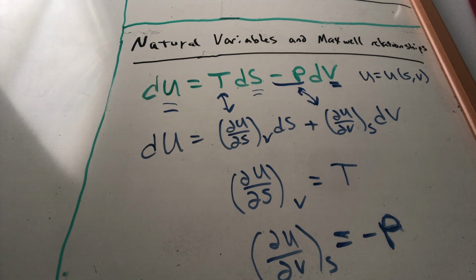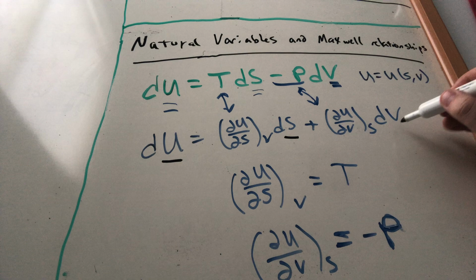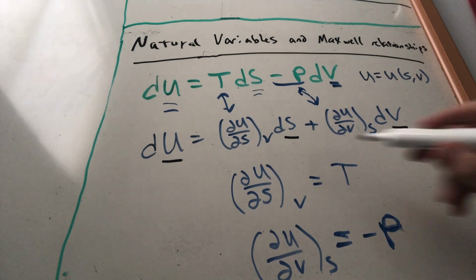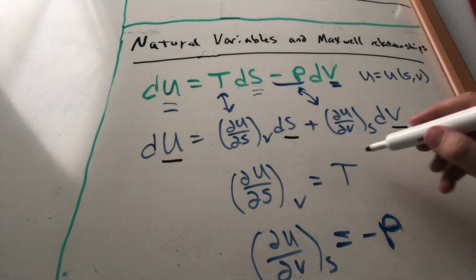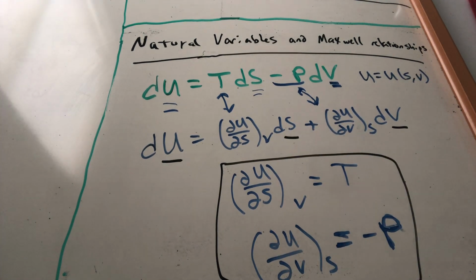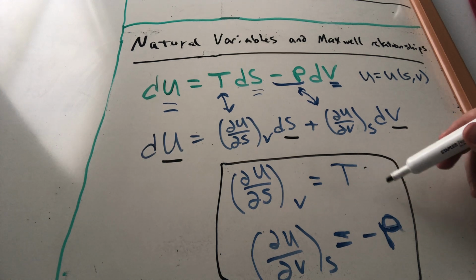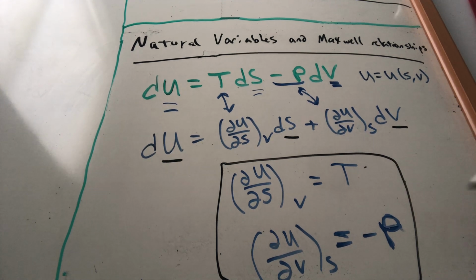So what we say, just from the standpoint of verbiage, is the natural variables of U are S and V. And the way that we know that is because when I write it like this, what I get are partial derivative identities that are equal to plus or minus T, P, V, or S. So then what's a Maxwell relationship?